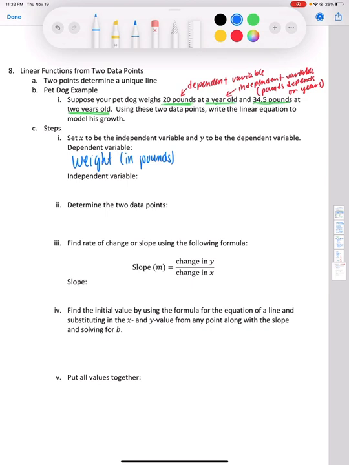The independent variable is going to be the time in years. So we're going to determine two data points. Okay, data points are of the form x comma y, where x is the independent variable and y is the dependent variable.